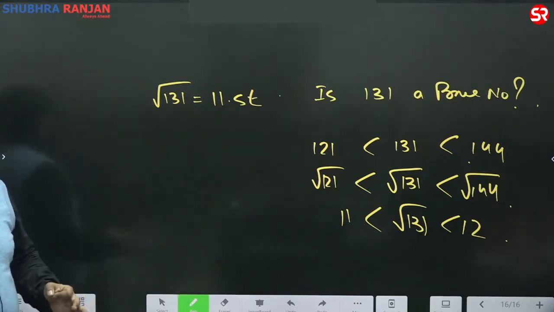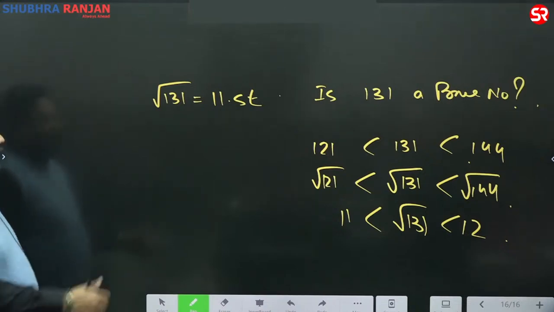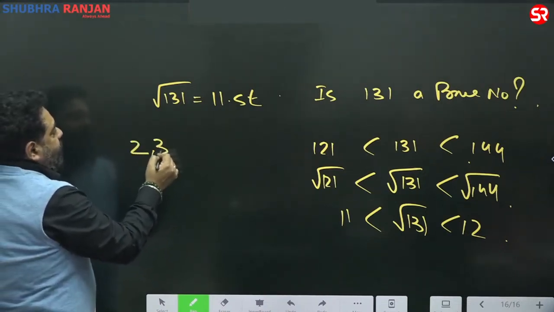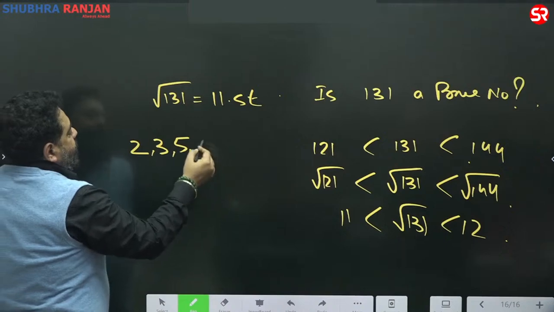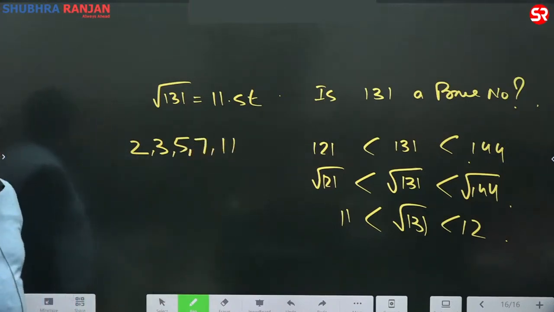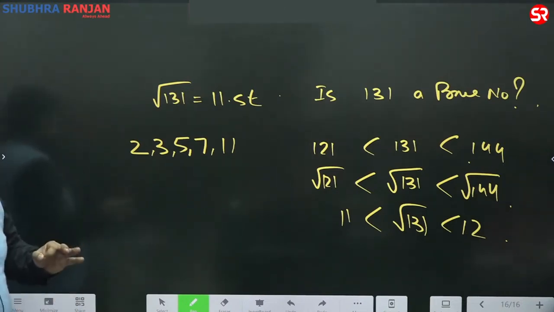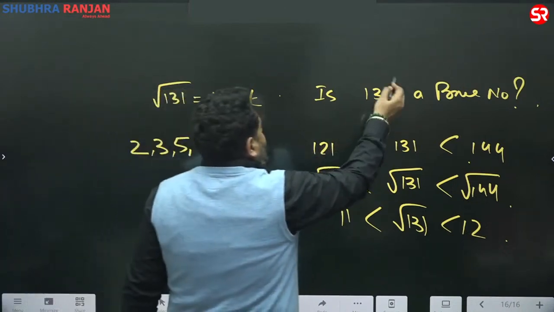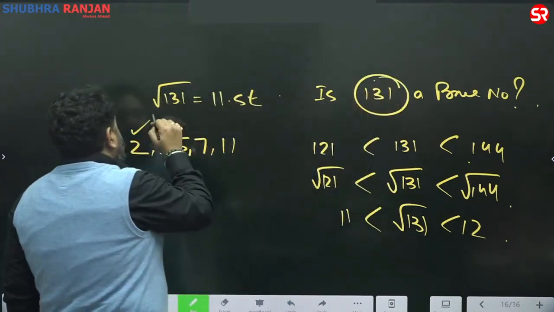So write down all prime numbers less than 11 point something. 2 is a prime number, 3 is a prime number, 5 is a prime number, 7 is a prime number, 11 is a prime number. Now all you need to check is, is 131 a multiple of 2?